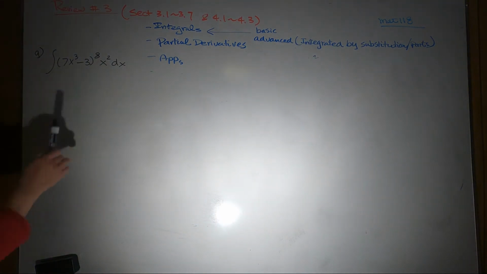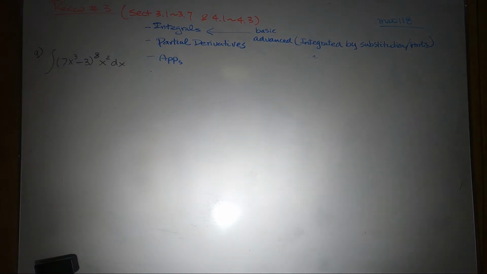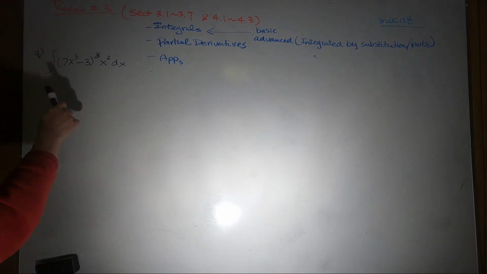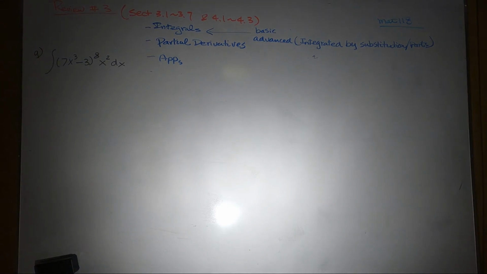So when you look at this, what do you see? You have things multiplying, right? But for the 8th power, it's almost impossible for you to multiply 8 times, right?